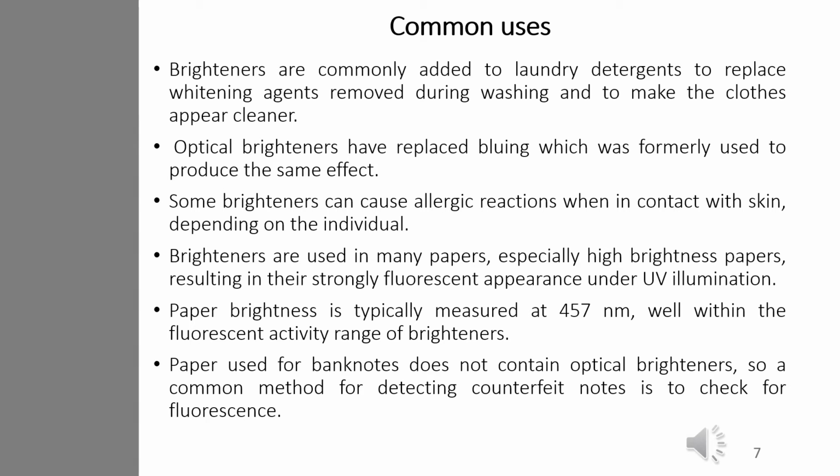They are also added in the laundry detergents as whitening agents. Optical brighteners have replaced blue ink, which was formerly used to produce the same effect. So, in the ancient time, a blue pigment or blue dye was used to whiten or brighten the fabric. Now, optical brighteners have replaced the blue ink.